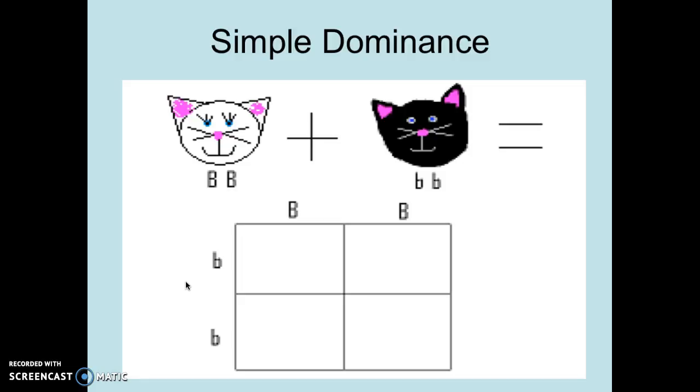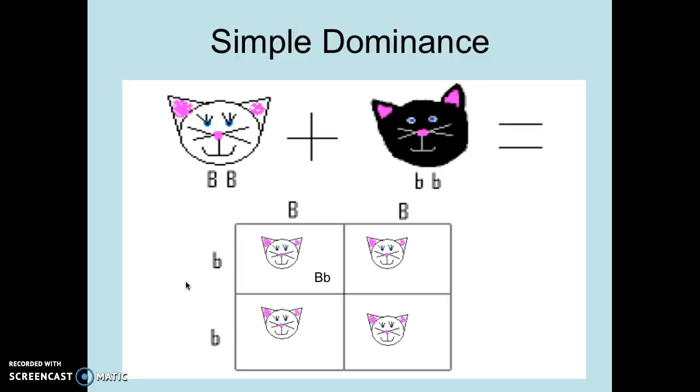So let's just quickly look at simple dominance again. This time we're going to just use little kitty cats. We've got our white cat here that's purebred, capital B, capital B. Our recessive kitty cat is black, little b, little b. And of course when they mate, they will produce all white cats because white happens to be dominant in this particular example.